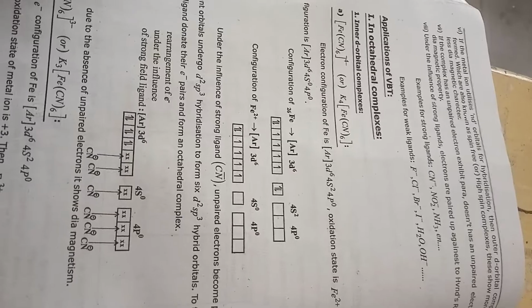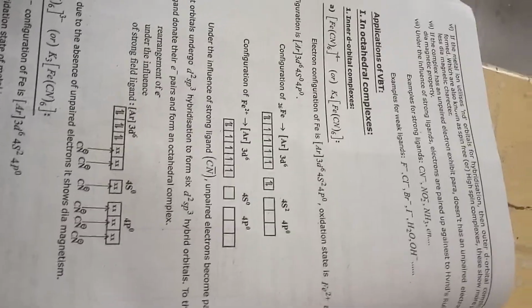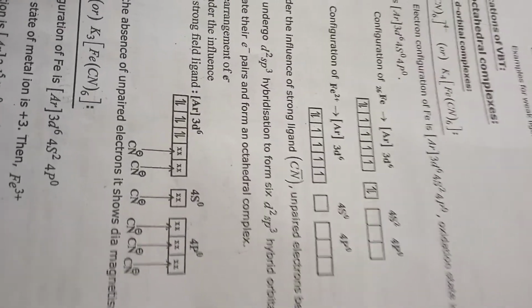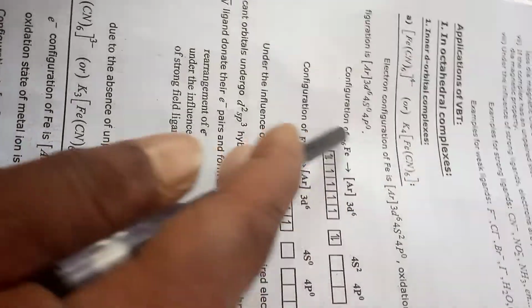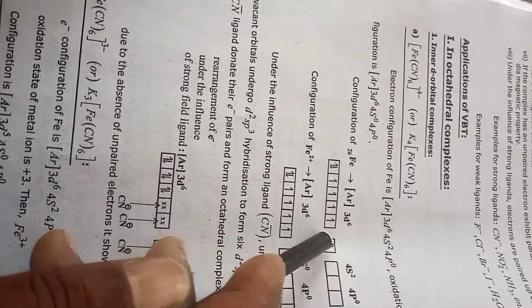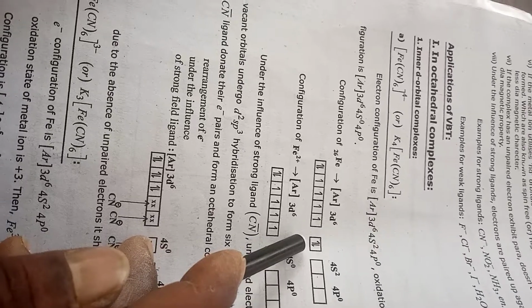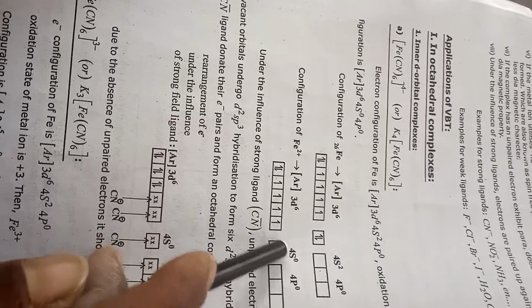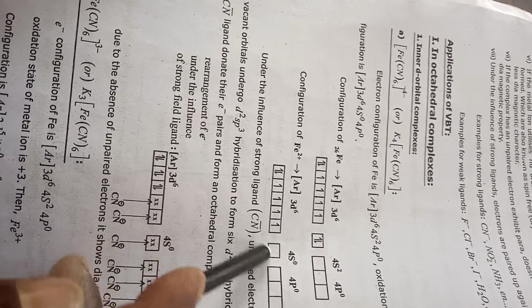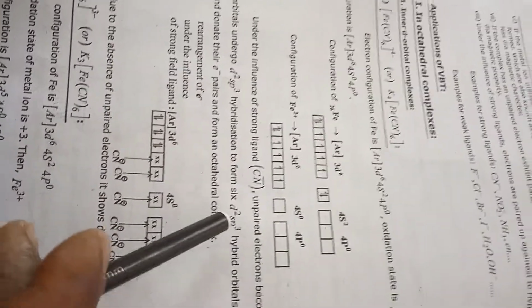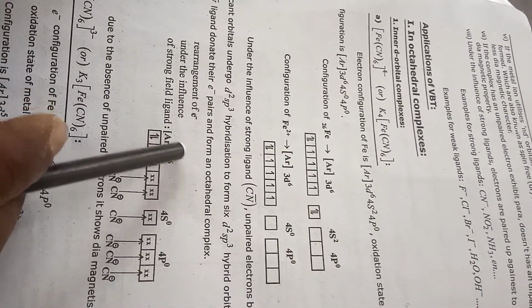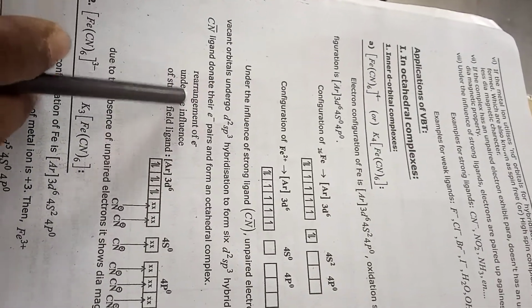So we can write the electronic configuration like this: the 2 electrons from 4s2 are lost, forming 4s0 4p0.